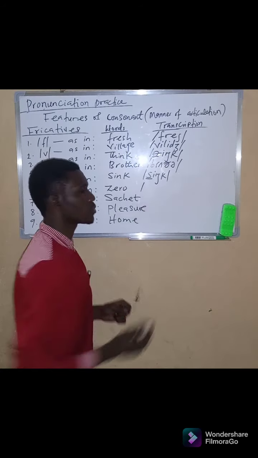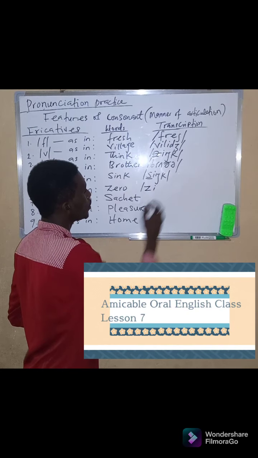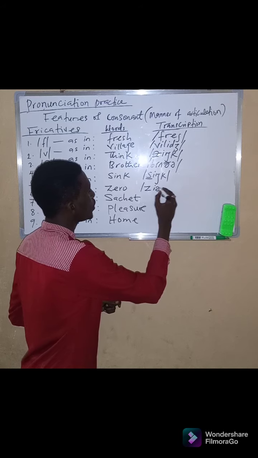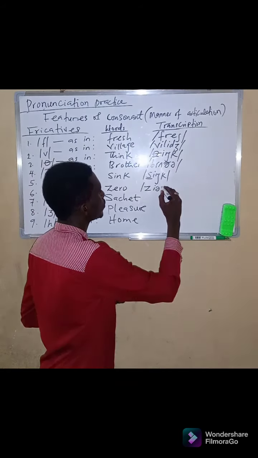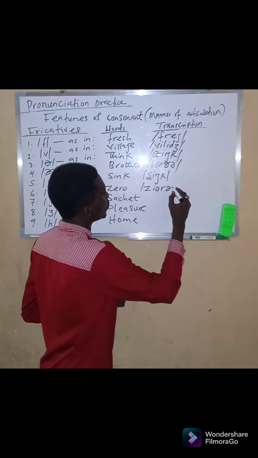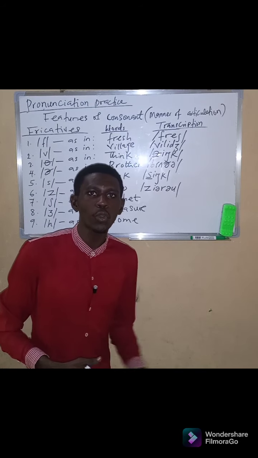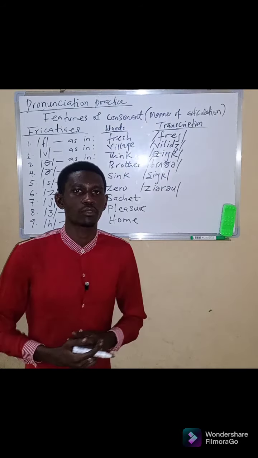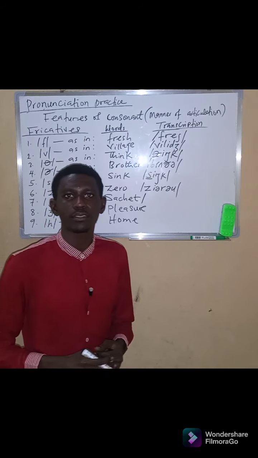Zero. Z, then the ear. This is a diphthong. Z, ear, and r. We also have the diphthong o. So this is the word zero, not zero or zero as we mispronounce the word. This is sachet.